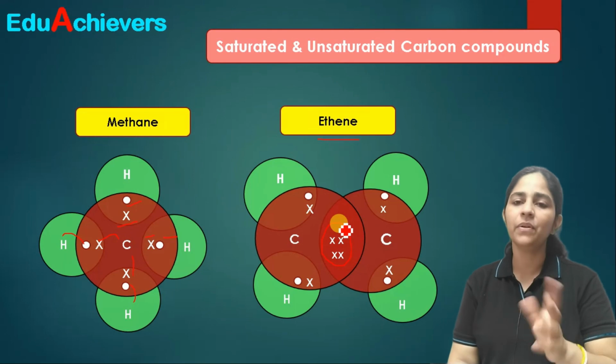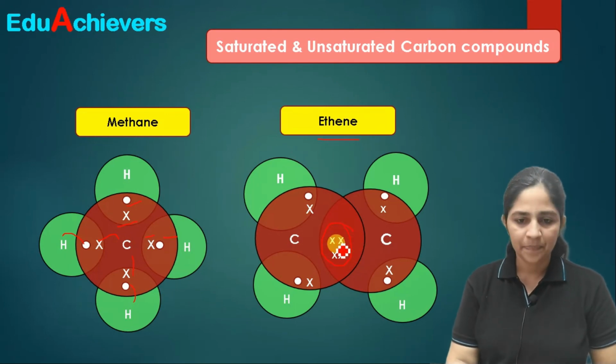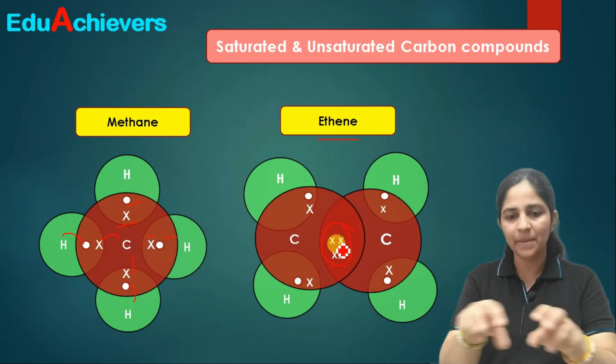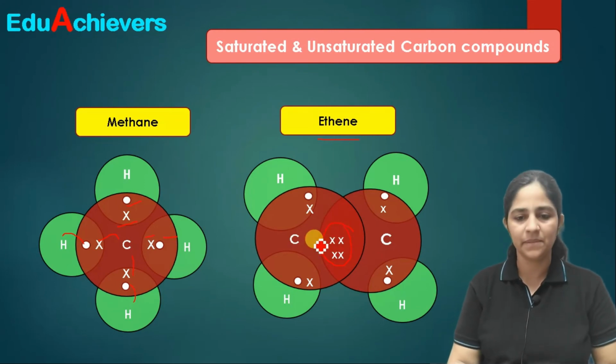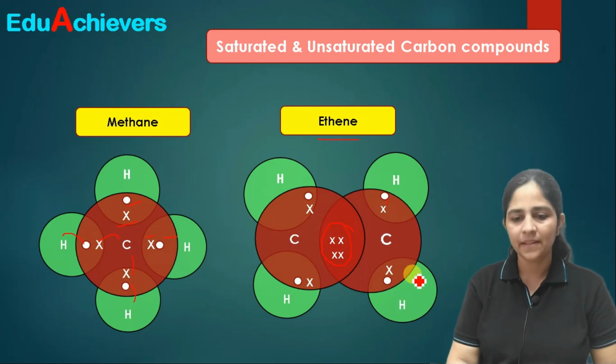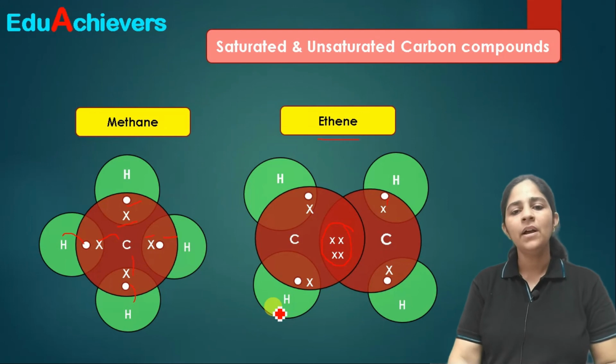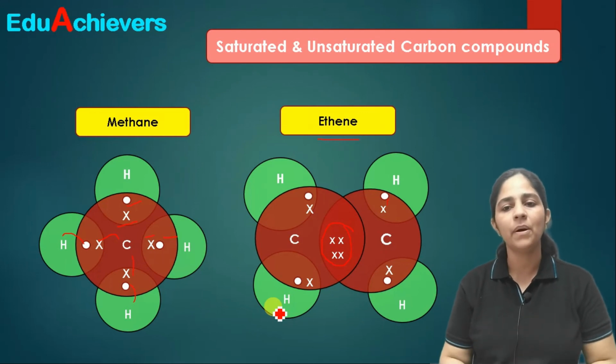So 2 pairs of electrons are being shared between 2 carbon atoms here, and the other valencies are satisfied by the formation of single bonds with hydrogen. That's how the saturated and unsaturated compounds are formed.